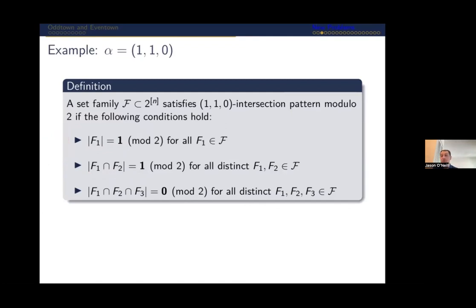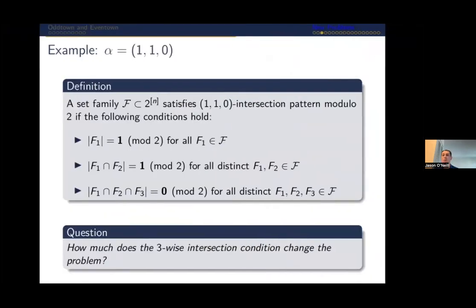It's something exponential. So the question is, by imposing this third condition, what's the answer now? We're now imposing more. And that is what we'll explore today. By adding that new condition, how does the answer for the largest such set family change?